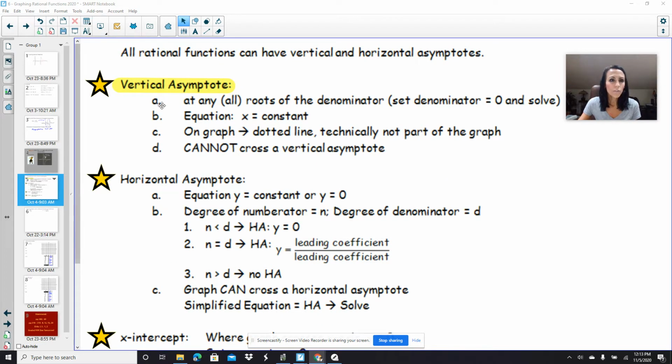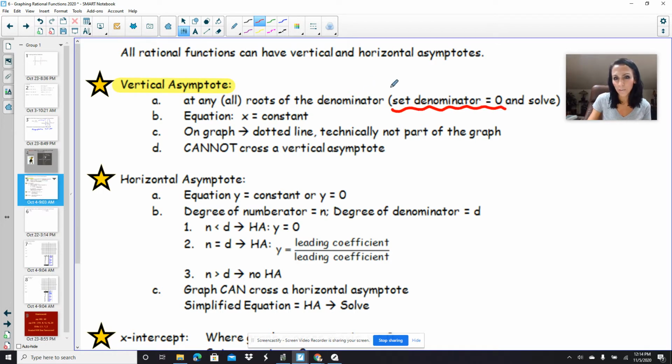Okay, so vertical asymptote. We have vertical asymptotes at all roots of the denominator. So the way we determine the roots of the denominator, we set the denominator equal to 0. You're probably used to that when you're asked to find the undefined values. So when you set the denominator equal to 0, we are looking for those undefined values.